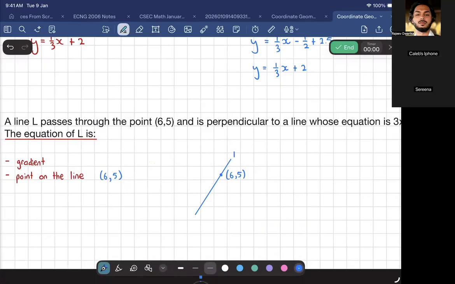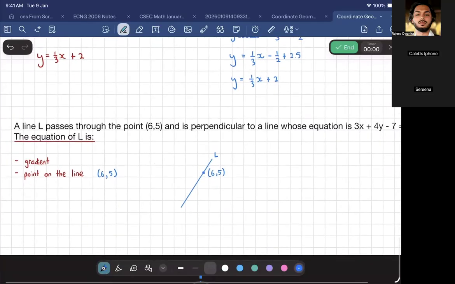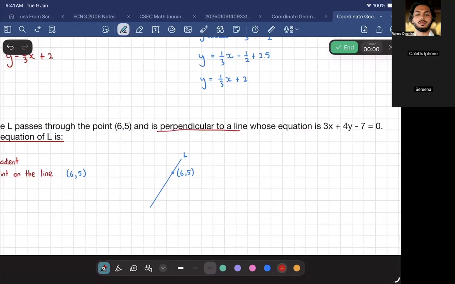L, I should call it L, right? And what are they saying about our line? Passing through the point (6, 5). Okay, we established that already. What else is it saying about it? It is perpendicular to a line whose equation is 3x + 4y - 7 = 0.